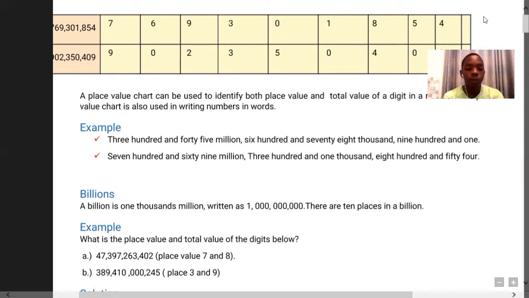We're going to have 769 million. That's the millions. Then 301,000. These are thousands, tens of thousands, hundreds of thousands. When you're pronouncing it, it's thousands. Then 854.